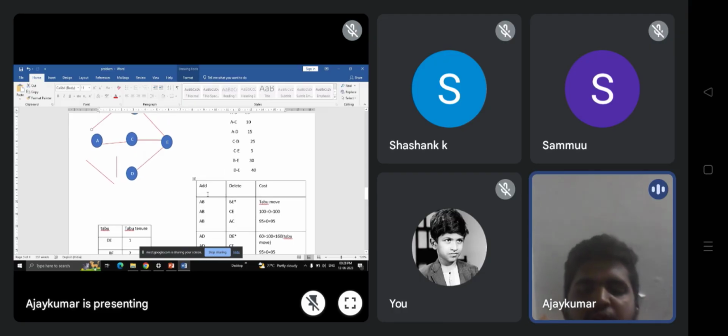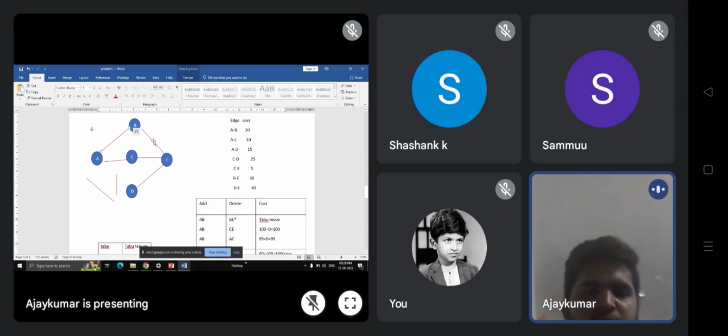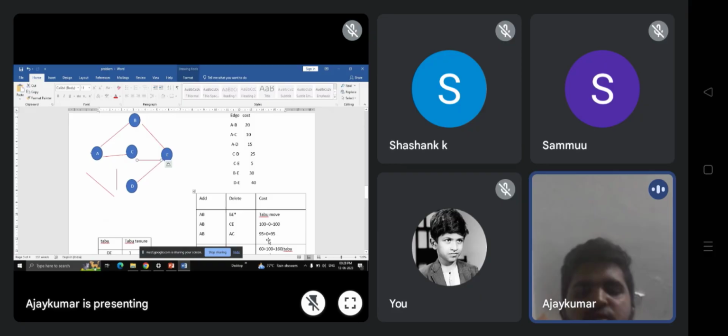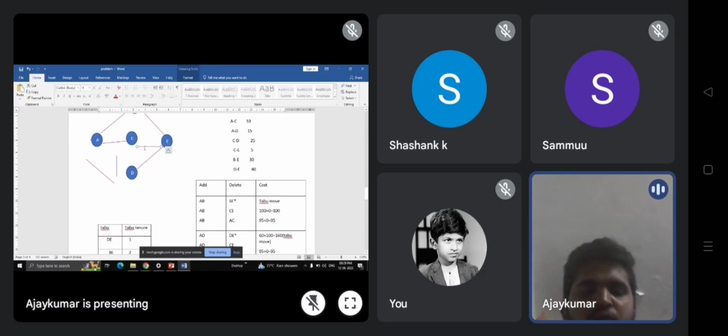There is no constraint violated, and that's why the penalty is 0 and the cost is 95 overall. Now we do the same for the other remaining edges.